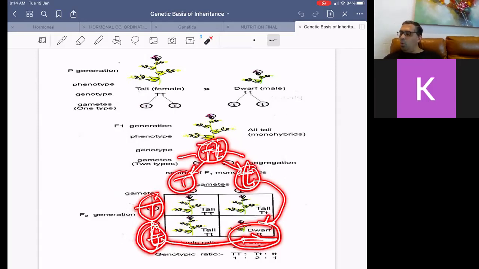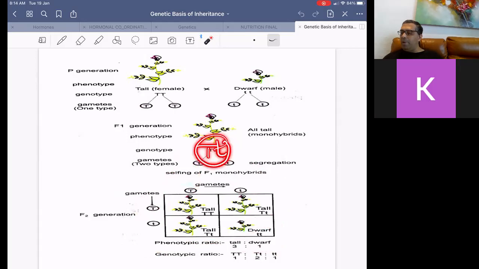And it also proves that when capital T and small t were together, capital T expressed, small t got suppressed, but capital T did not mix with small t. Capital T did not contaminate small t.